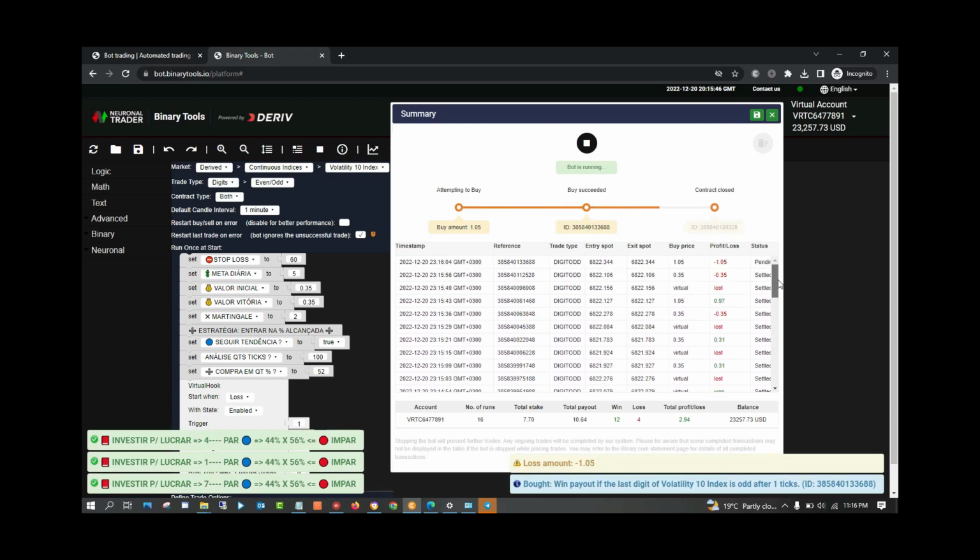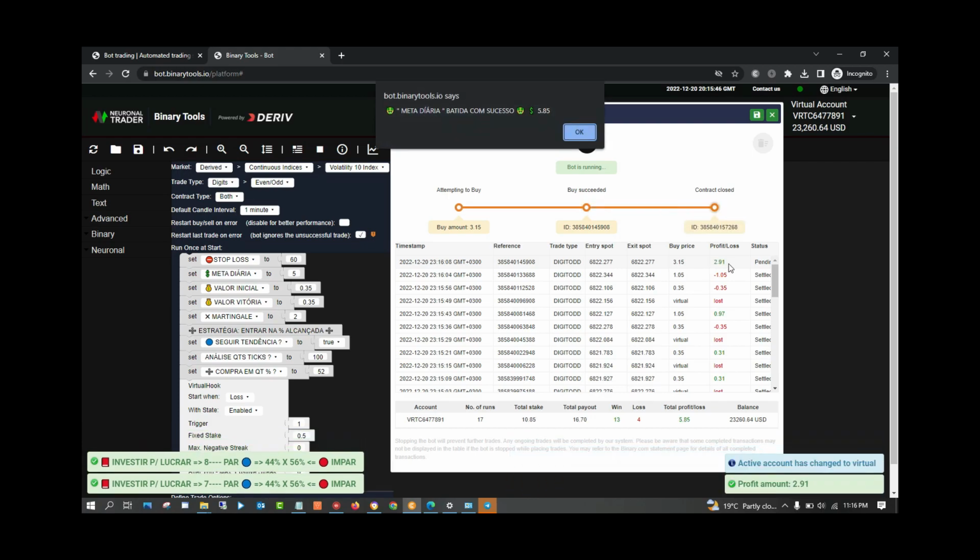So as you can see, this is the first loss, so martingale factor. After that, it switches back. As you can see, we had set our profit at $5, and we have already reached $5 here.